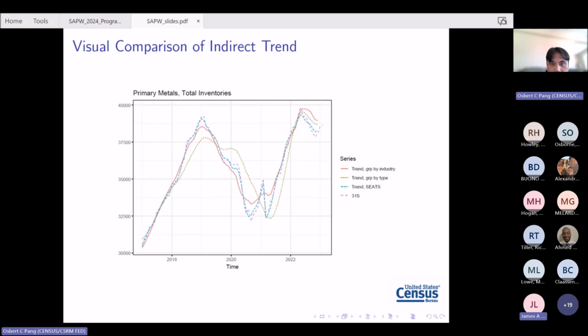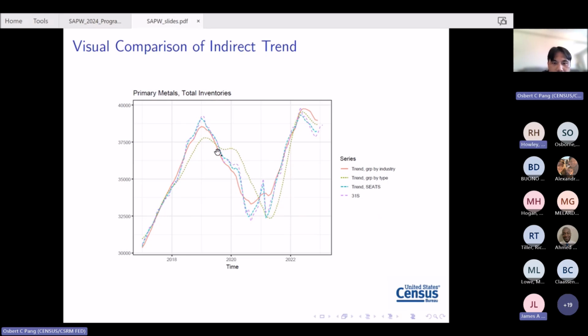On the other hand, we're now looking at indirect trend. This is again primary metals, total inventory. Again, the purple line is the actual series for total inventories, not seasonally adjusted. What we see now is that the indirect trend estimate when we group by the industry type, and the indirect trend estimate when we fit a bunch of univariate fits, these two seem to track reasonably closely.